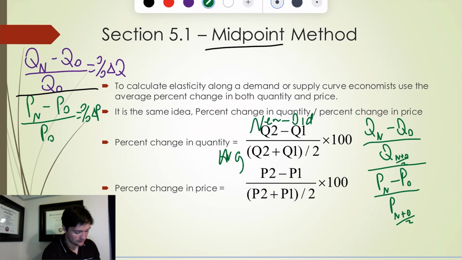The midpoint method, where we're taking the average. This is a great way to basically look at the average change between 2 points. Because economists use this as a way to basically say, well, if the price goes from here to here, elasticity is 5.5.